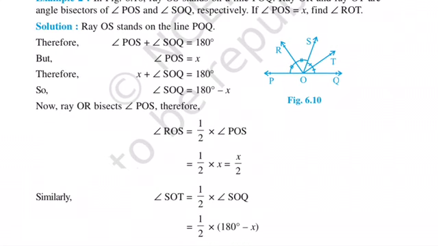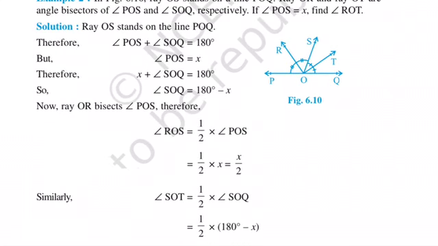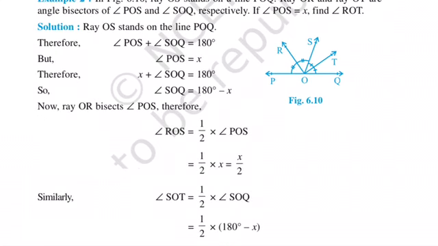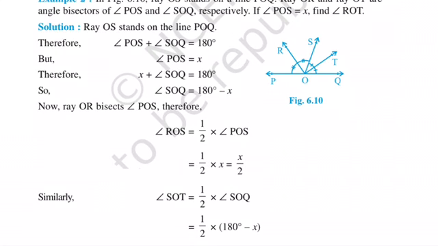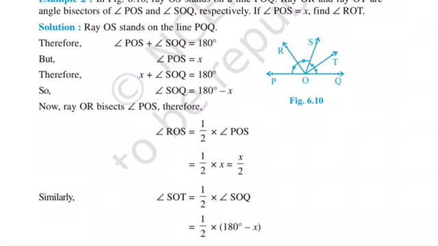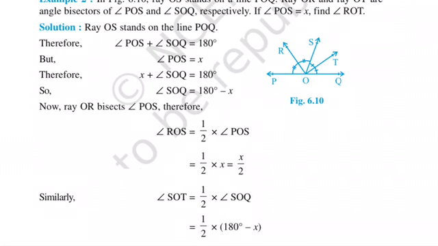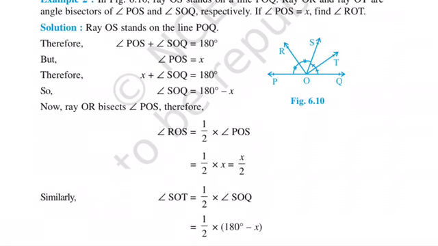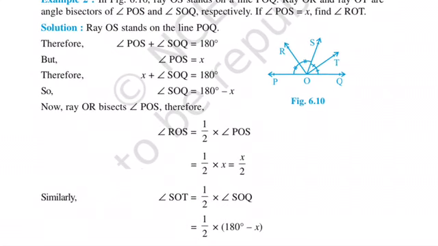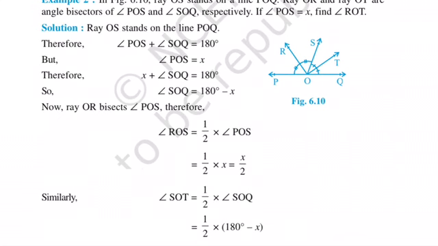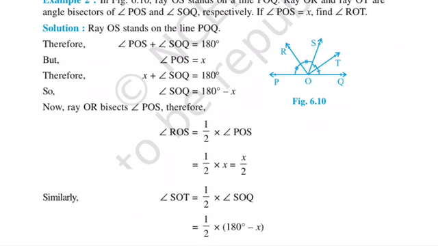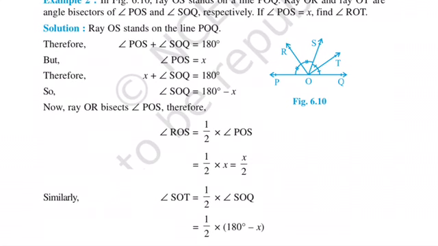Clear? And now, in the question, one thing is given that angle POS is equal to x. So you don't have to suppose by yourself, it is given in your question. Only now you have to follow the rules. First rule, what are we going to follow? Angle POS plus angle SOQ is equal to 180 degrees because of the linear pair.